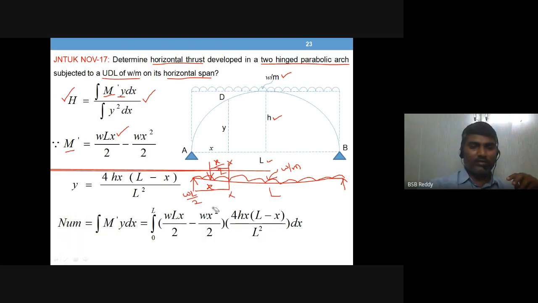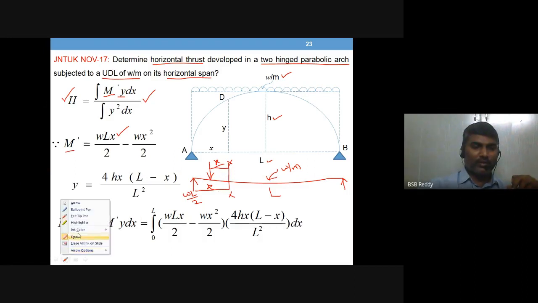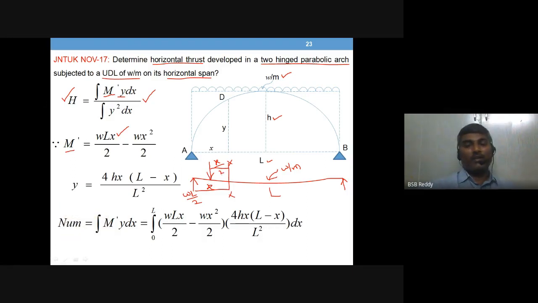Let me erase that extra line that appeared; it may have interacted with the other line. So X by 2 is the distance, and the load is W into X. W into X by 2 is the moment from the UDL. The direction it causes is anti-clockwise, so left anti-clockwise, negative.